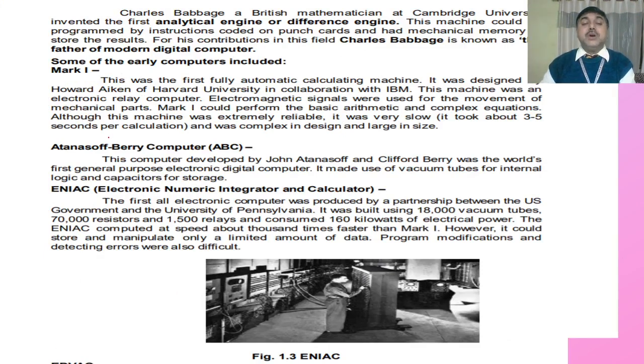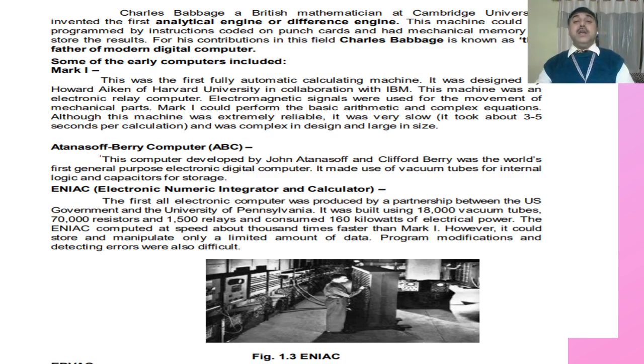Now we come to the section called the Charles Babbage era. Charles Babbage is a British mathematician at Cambridge University. He is the first mathematician who invented the analytical engine, isn't it?